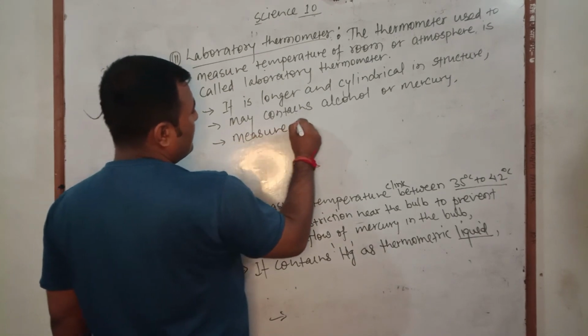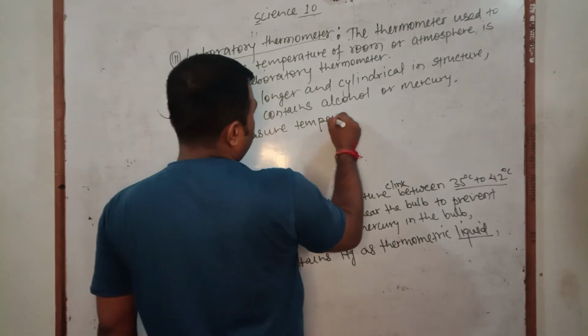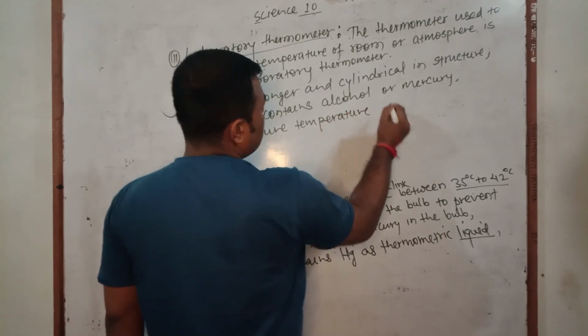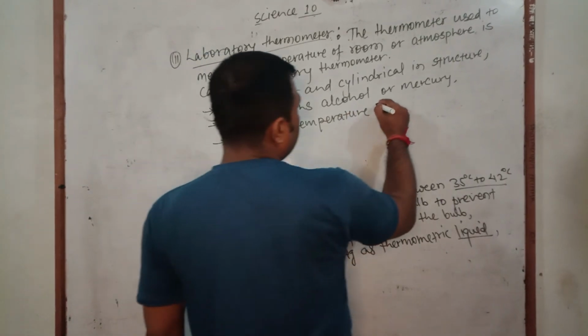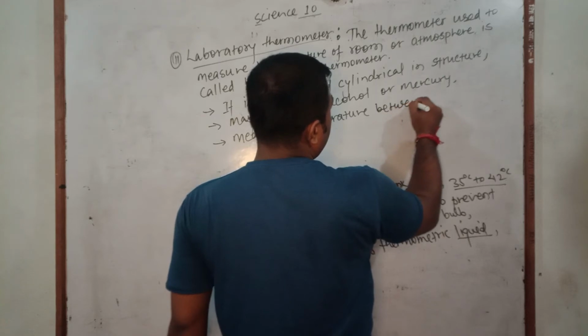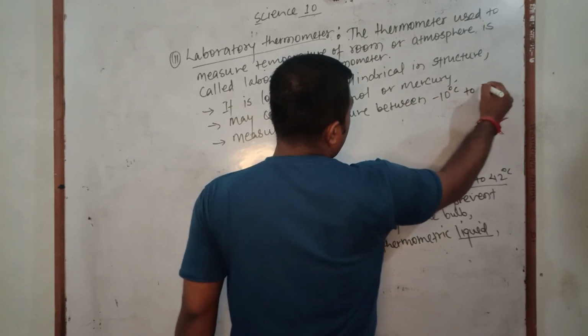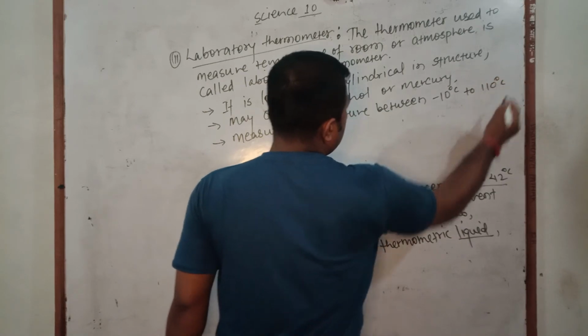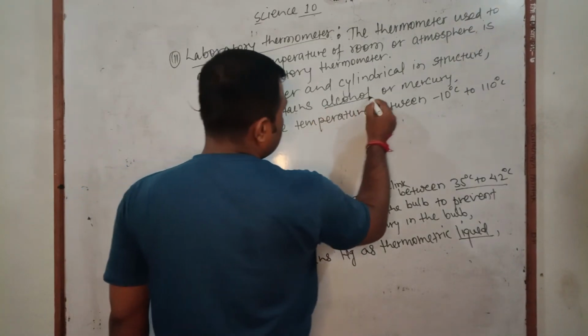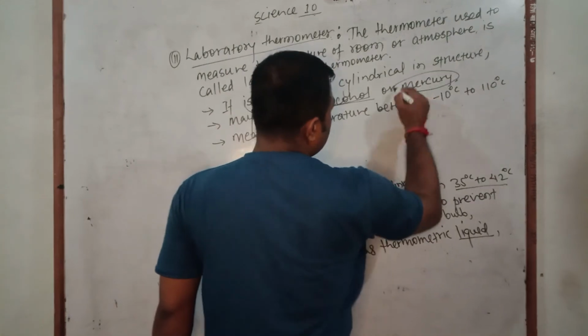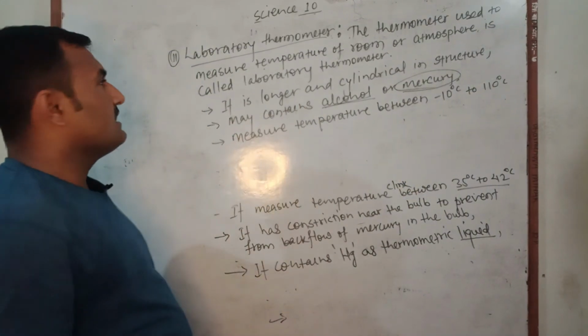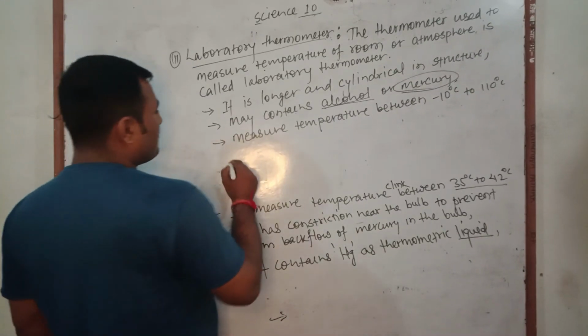It can measure temperature between -10 degrees Celsius to 110 degrees Celsius. On that condition, listen here, mercury is suitable to use in your laboratory thermometer.